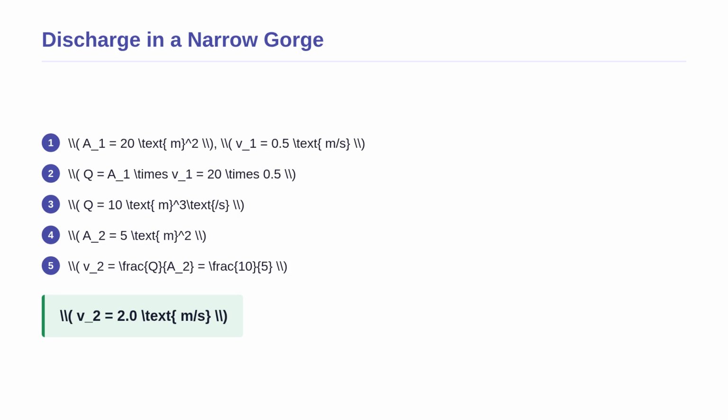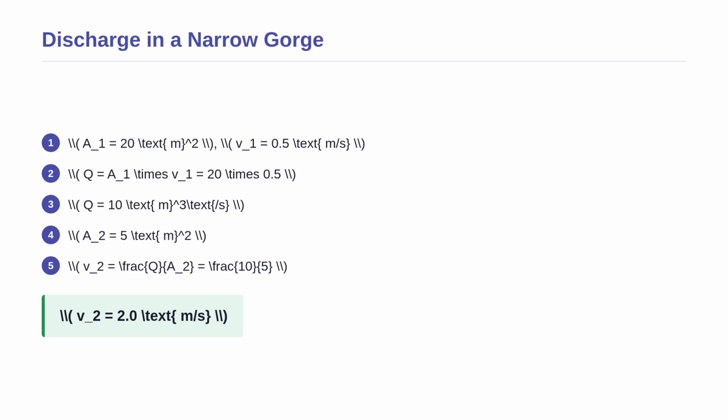Before we move on, let us see this with a concrete example. Suppose we are studying a calm section of a river with a cross-sectional area of 20 square meters and a velocity of 0.5 meters per second. First, we calculate the total discharge by multiplying 20 by 0.5, giving us 10 cubic meters per second.